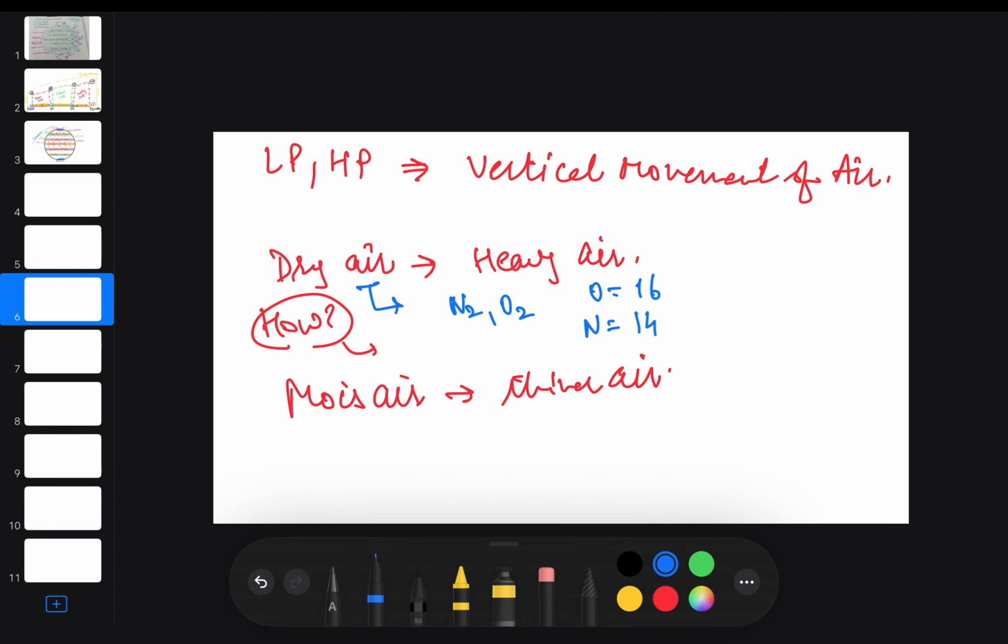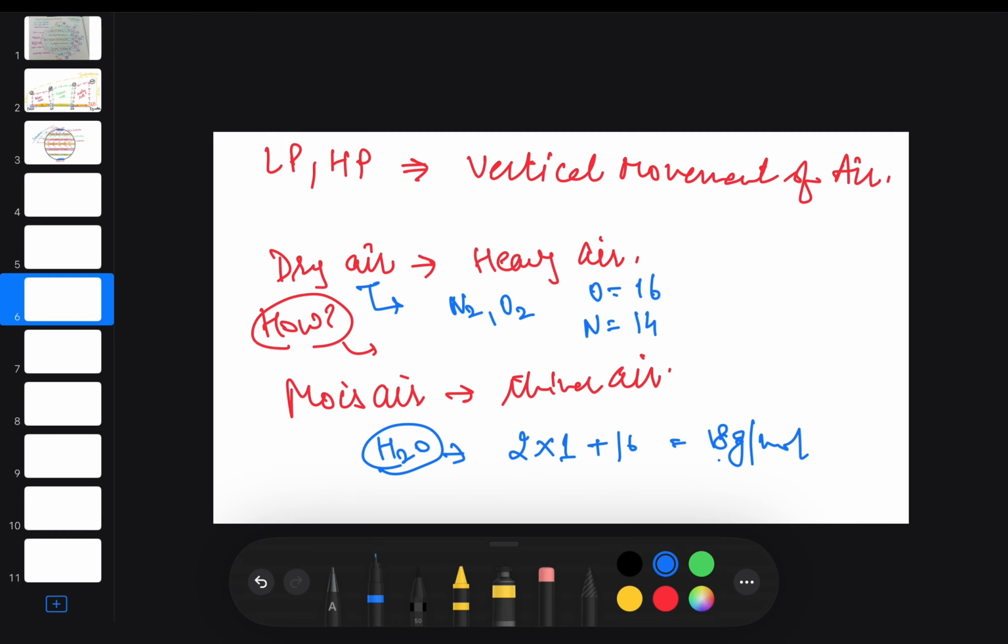In moist air, the water vapor is H2O. The molecular weight of H2O is 2 times hydrogen, which has mass 1, plus oxygen, which has 16, that is 18 gram per mole.